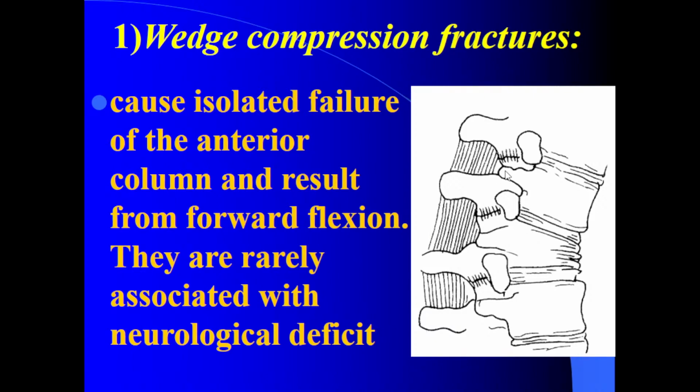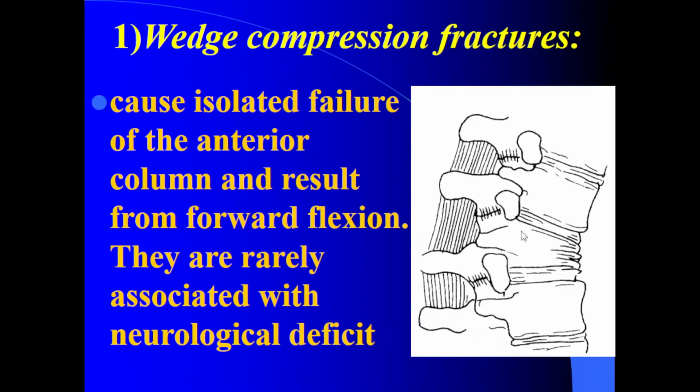So once again, the mechanism is axial compression, usually falling from a height, or hyperflexion, whiplash in a car accident, or another example, jumping into a swimming pool when it's shallow. As a result, the patient may get a head injury together with a compression mechanism to the cervical part.